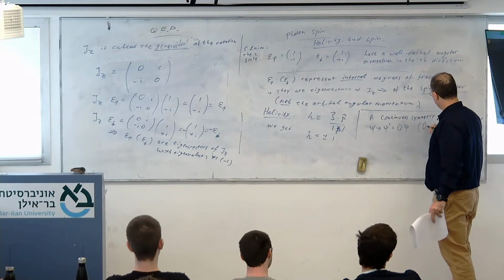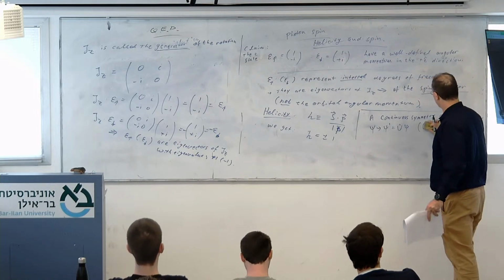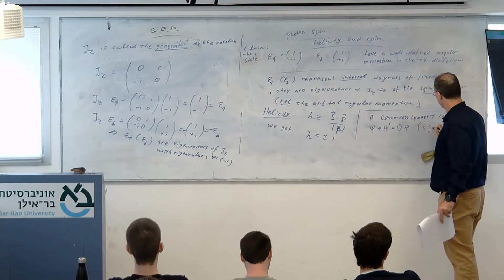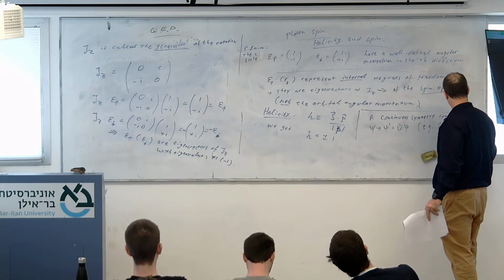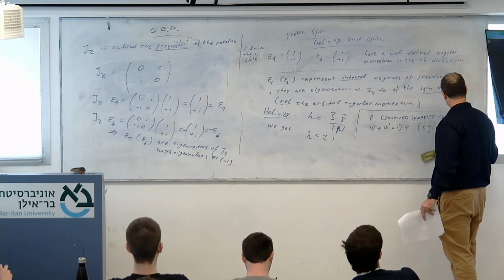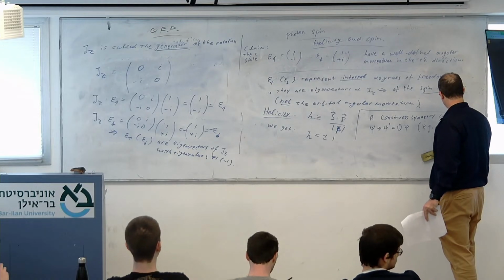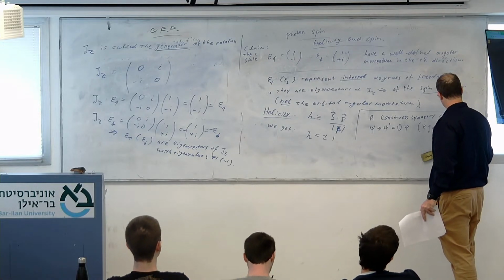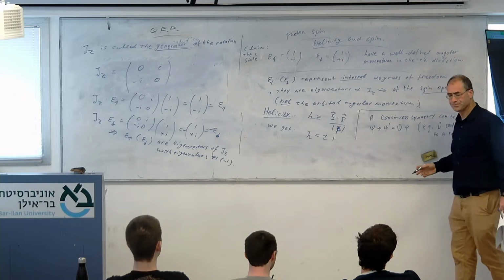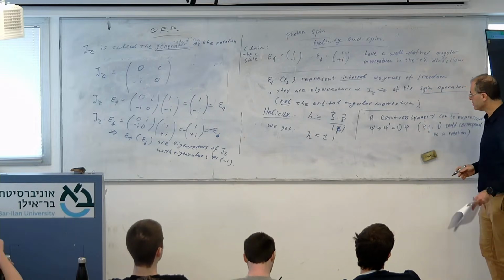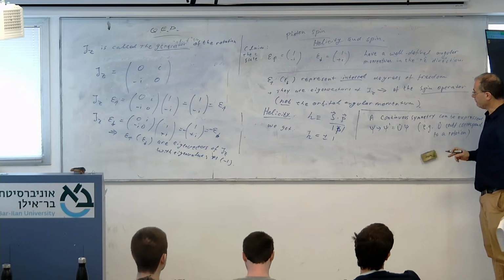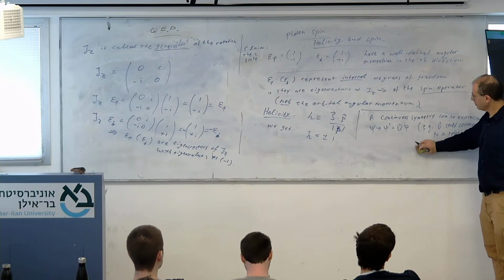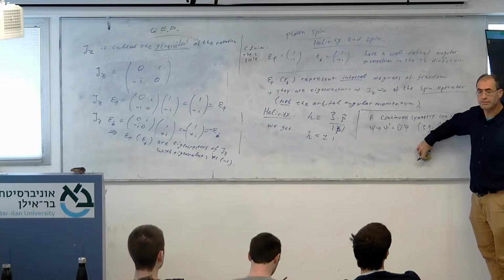For example, the operator U could correspond to a rotation. It's supposed to be unitary. In this case, it doesn't really have to be.